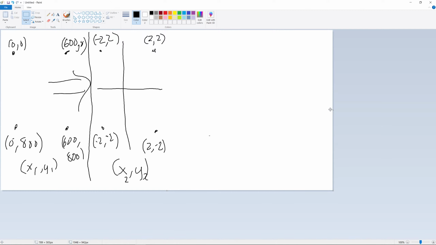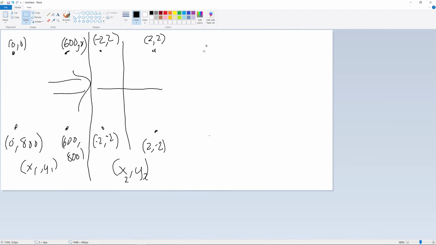All right. So I would shift it, so multiply by some scale.